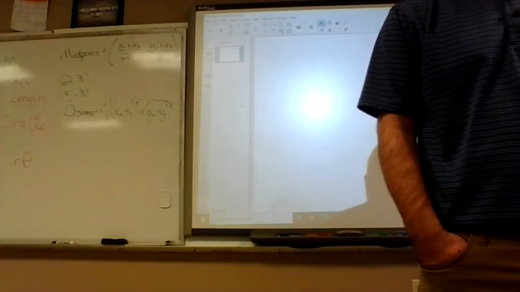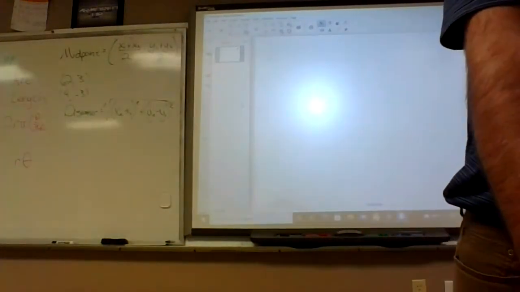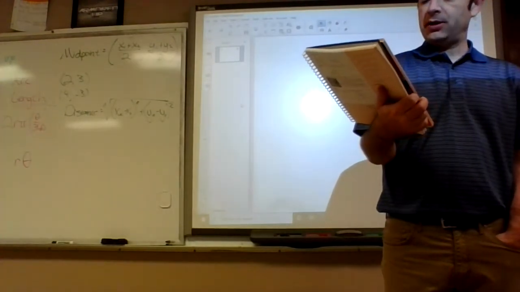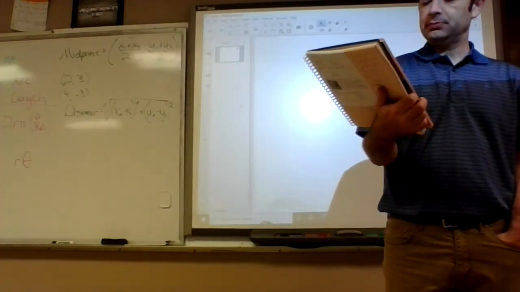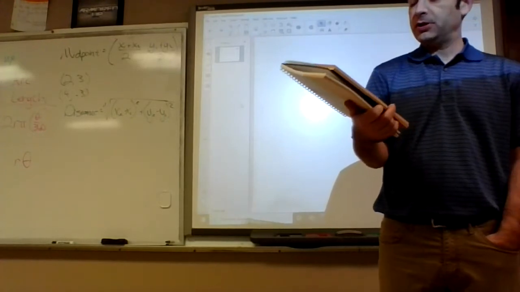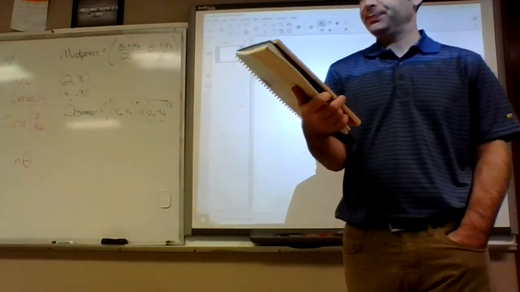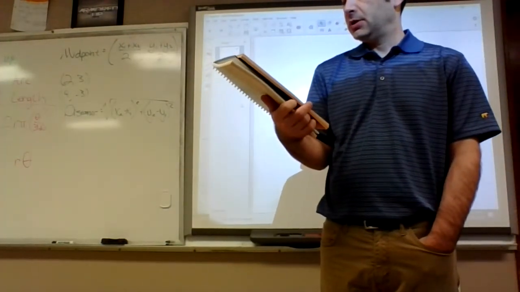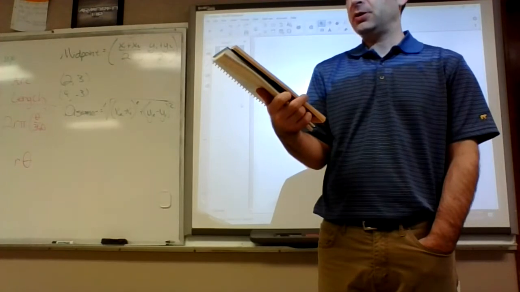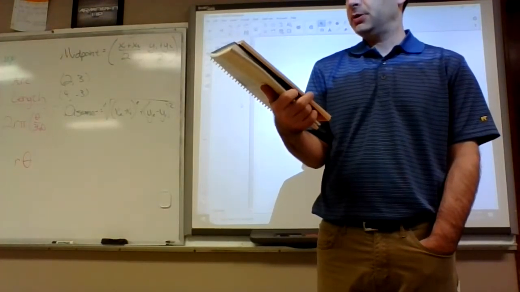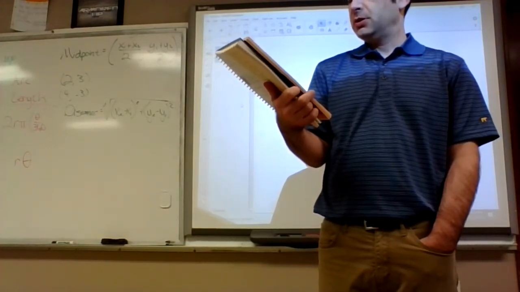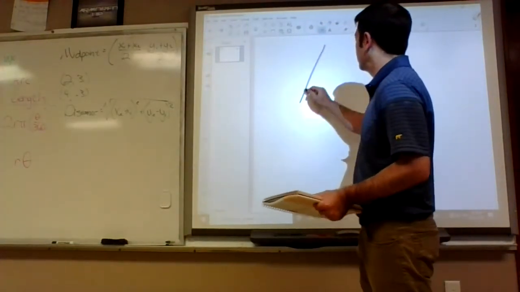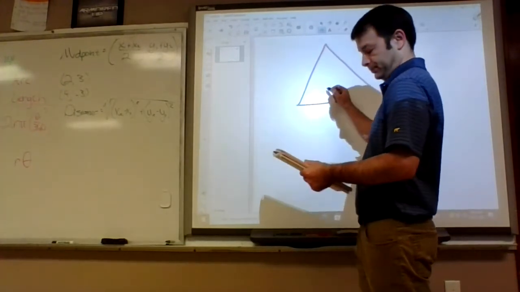Okay, on page 196, segment JL is going to be parallel to what other segment? Segment JL is parallel to what other segment? Okay, so it's KL parallel.